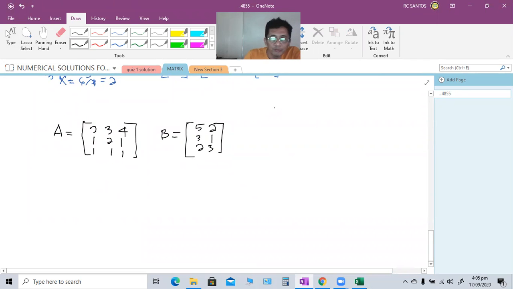Ano yung conformable? Yung katandaan natin, call rows. Okay, memorize this, call rows. The number of columns in the first must be equal to the rows. So first column must be equal to the second row.